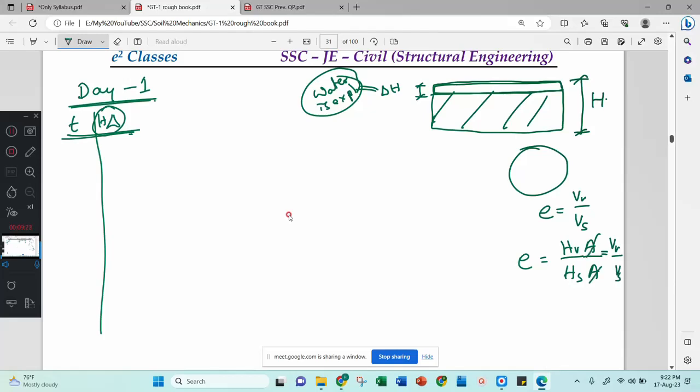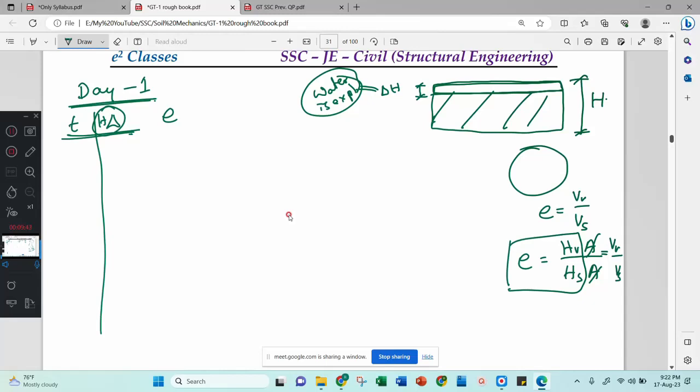Therefore, area cancels, and I can write HV by HS. Don't worry much about this experiment, because we are studying for paper 1 how this HV, HS came. By doing this experiment, we will get the void ratio.